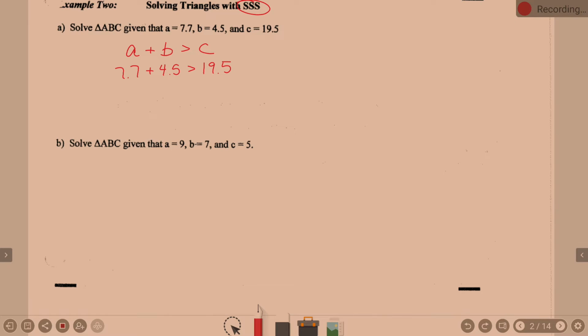And this is 12.2. I did mental math, always a scary thought, especially on Friday. Is 12.2 greater than 19.5? No, it's not. So this falls into your favorite category in a way, because you don't have to do the math. If you catch this, it's not a triangle.